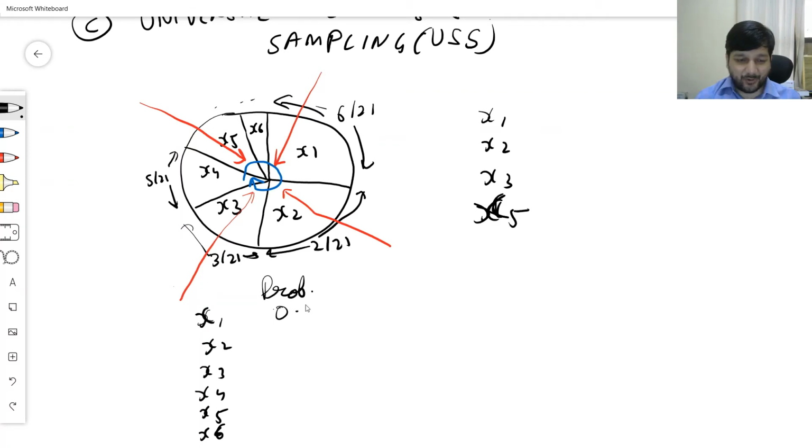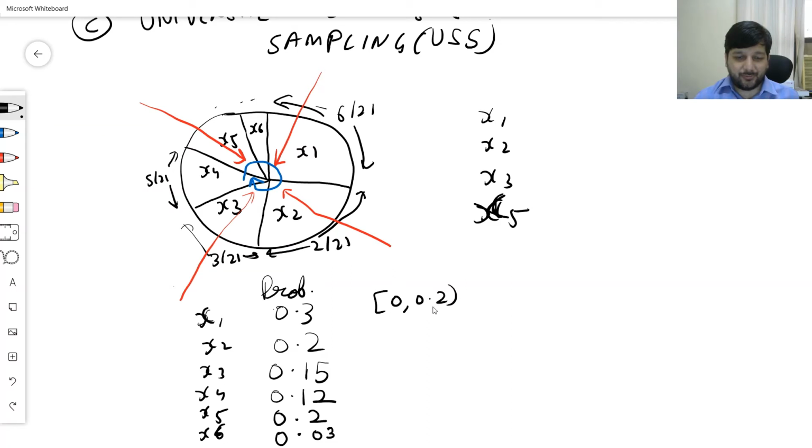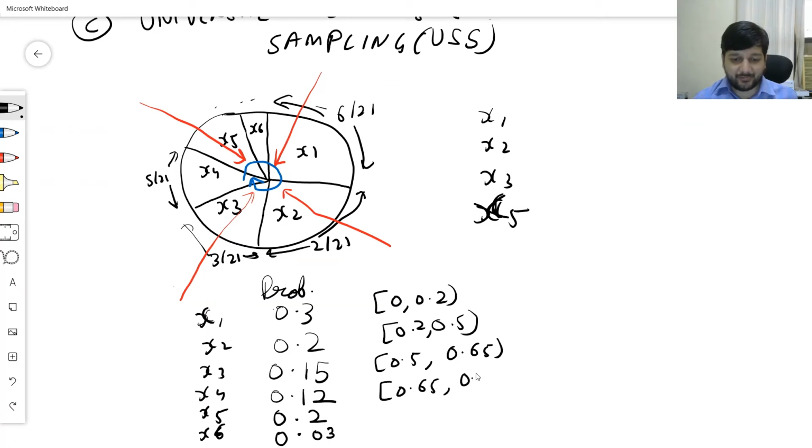Let's say this is 0.3, 0.2, 0.15, 0.12. And I converted to exactly the same range as cumulative values: 0.3, 0.5, 0.65, 0.77, and so on up to 1.